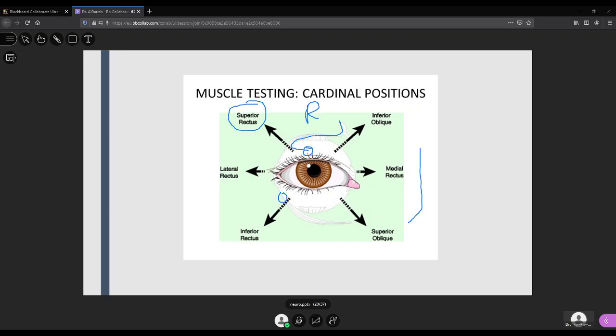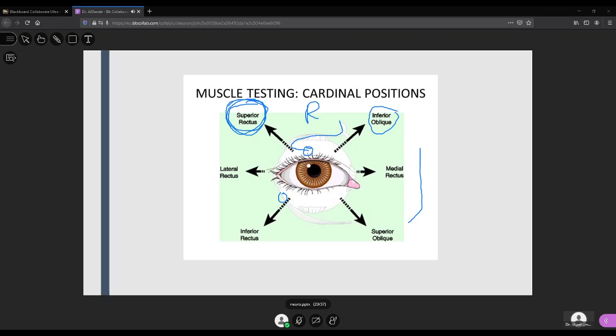It means that this is the area where only the superior rectus acts. If the patient looks up and to the right, you are examining only the superior rectus. If the patient looks up and inward, you are only examining the inferior rectus, and so on.